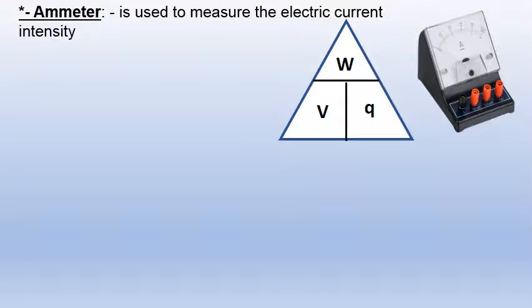And here I can measure the electric current intensity. I must connect the ammeter in the electric circuit in series connection. Pay attention, we can't connect the ammeter directly to the battery as this will damage the ammeter.